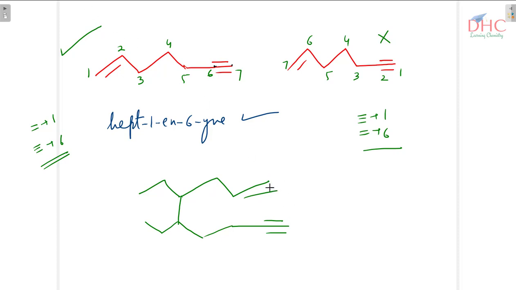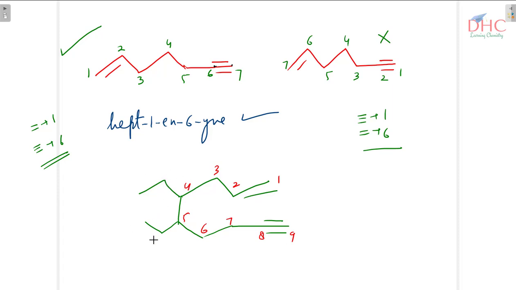If you look here, at 1 there is a double bond, and at 8 a triple bond. If we number from here, at 1 a triple bond, and at 8 a double bond. So when you have a choice, you will basically get the numbering for the double bond. So you have 1, 2, 3, 4, 5, 6, 7, 8 and 9. Now you have two substituents attached over here, at 4 and 5.